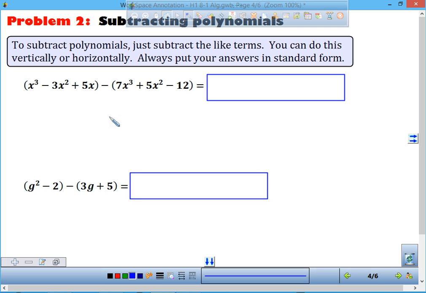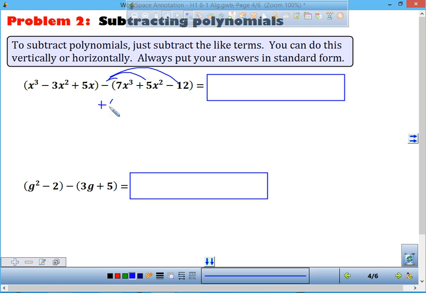When we subtract, here's what I always like to say about subtracting polynomials. Because it's negative, you're subtracting this whole thing. I like to distribute the negative to everything inside and then rewrite it with an addition sign. So everything in the first set of parentheses stays the same. The next set all becomes opposite. So I'm going to say plus, instead of the negative, because I'm going to distribute the negative.